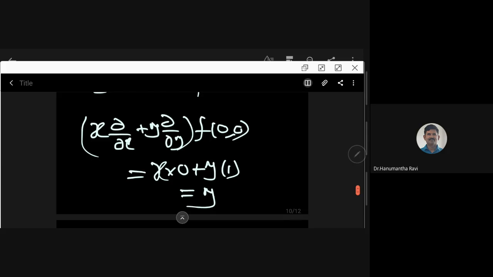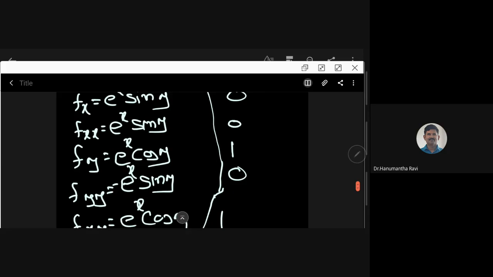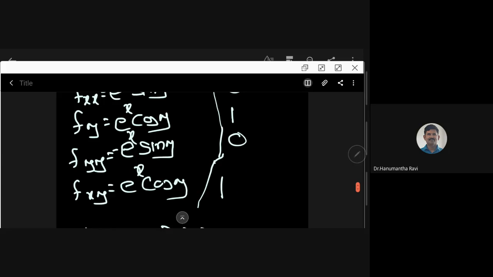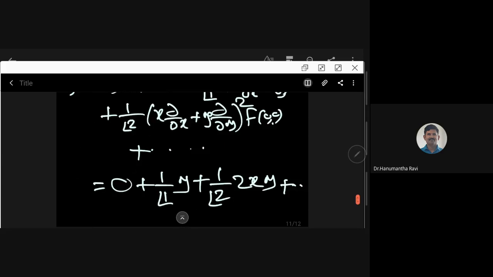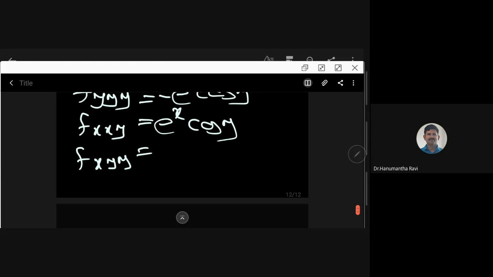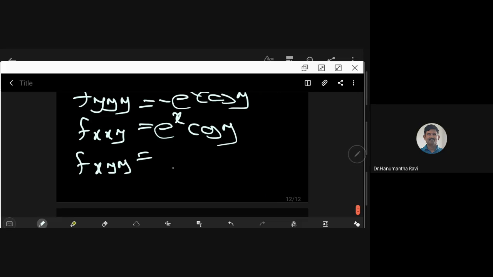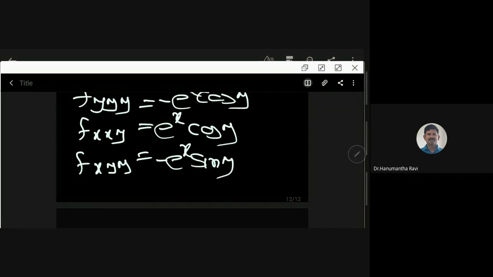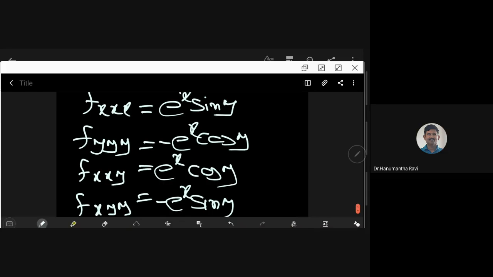So you go to fyy, now with respect to x, minus e power x sin y. Now we need to find at x, y equal to 0, 0. So at 0, 0, this is 0, this is minus 1, this is plus 1, this is 0.